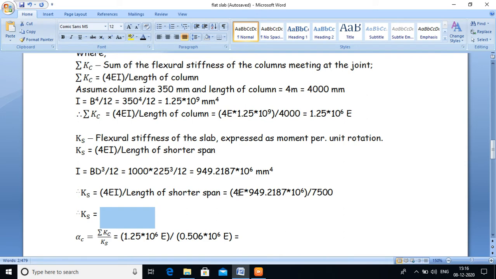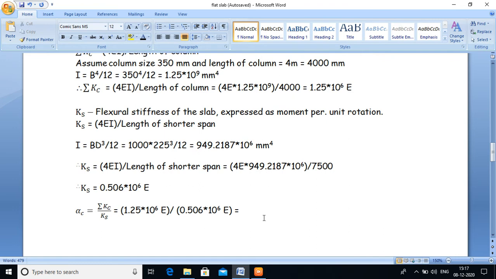Intentionally we keep E as it is so that it will get cancelled. So the stiffness for the slab is 0.506 into 10 raised to 6 into E, and for the alpha c value, meaning the stiffness ratio, E gets cancelled, and we get the value as 2.47. This value of alpha c we are going to use for the further calculations.